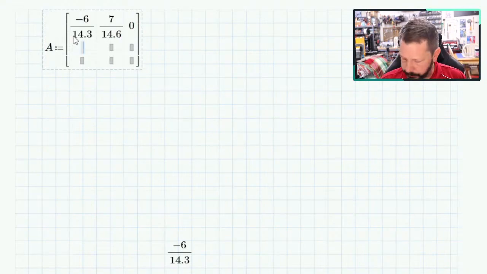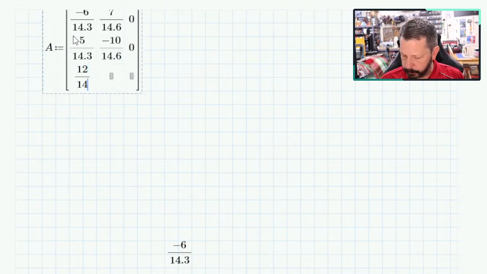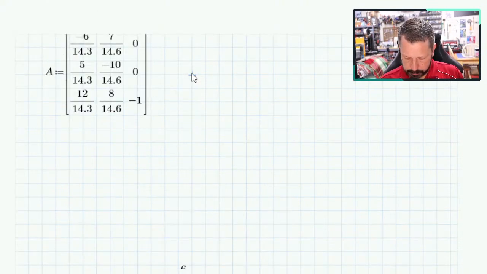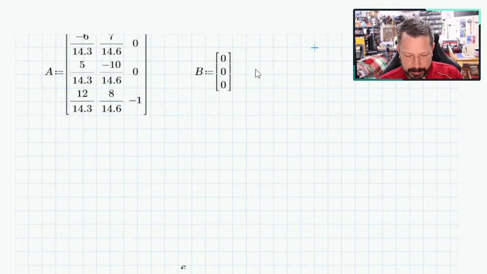They're going to be a problem for us, I think, but that's still fine. 5, negative 10 over 14.6, another 0. 12 over 14.3, 8 over 14.6, and then negative 1. That's all of our A matrix. B is a 3 by 1, and it is all 0, and we may have to do something to make this work. We'll do that in a minute.